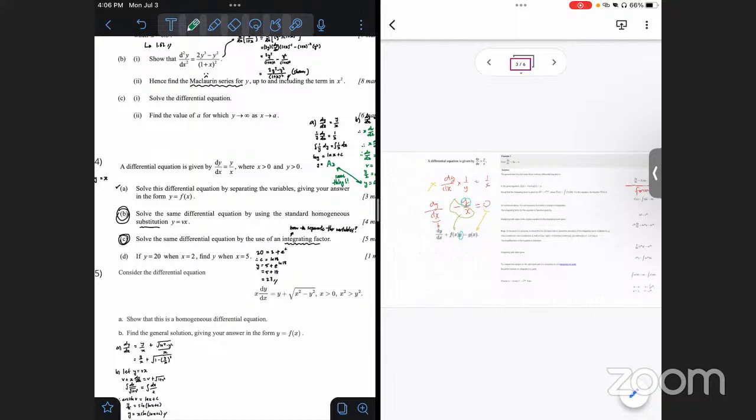So the IF is, if I'm not mistaken, since f(x) equals -1 over x, integrating this gives minus ln x.